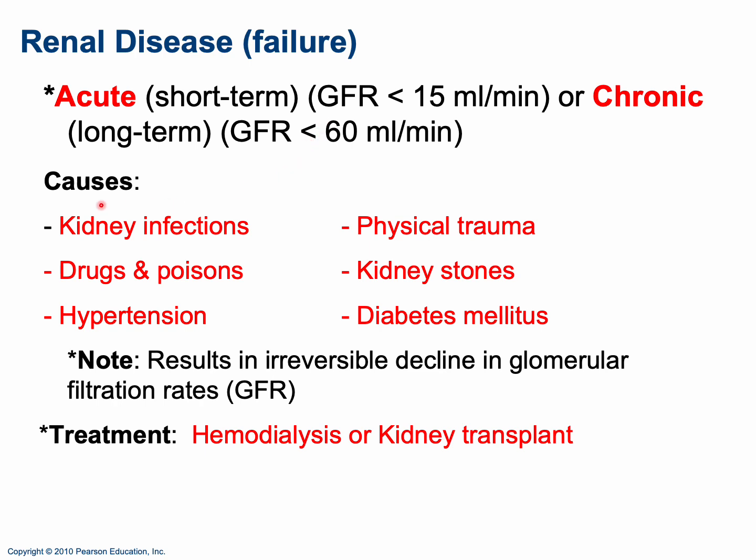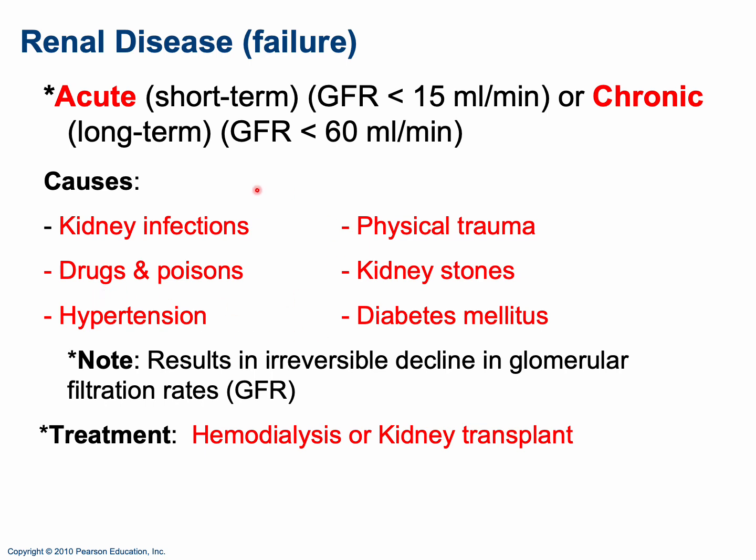Major causes for this would be things such as someone developing a severe kidney infection, perhaps from kidney stones, someone who's an alcoholic or taking lots of drugs, a drug abuser, maybe they're addicted to heroin or something. Physical trauma, so injury to the kidneys, someone that has diabetes, maybe type 2, type 1 definitely can lead to kidney disease.